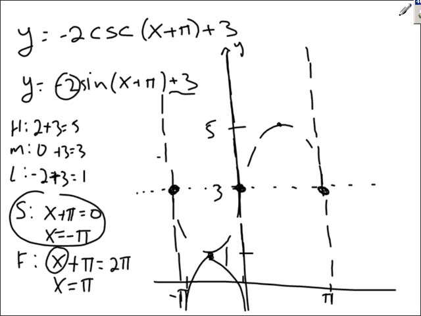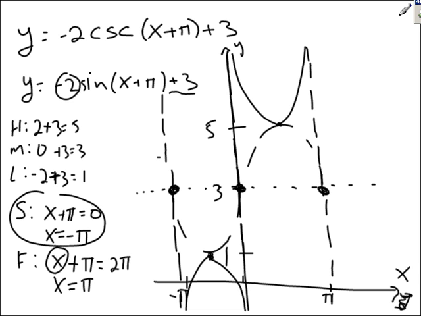Go to this point, draw it upside down. There it is. That's your negative 2 cosecant x plus pi plus 3 graph. Perfectly drawn. Except that should be called the x-axis. Okay, there it is. It's perfect.